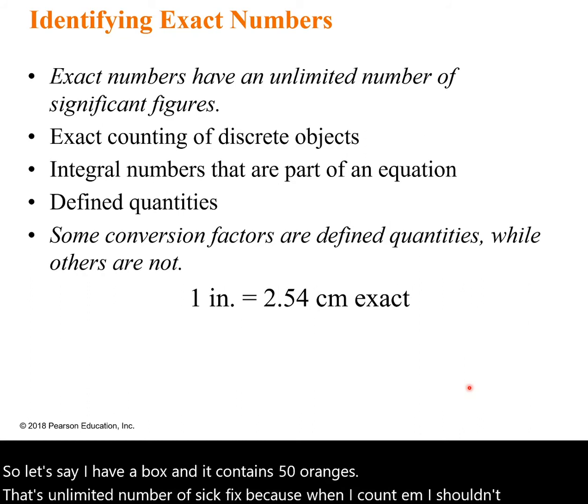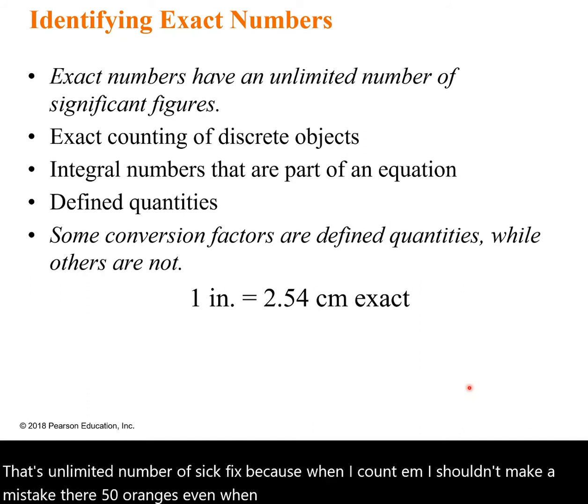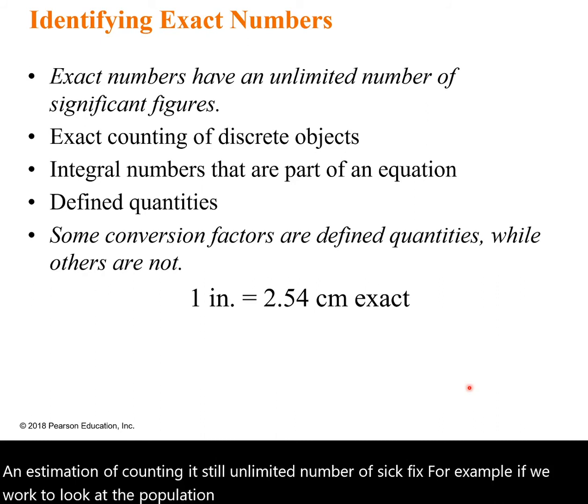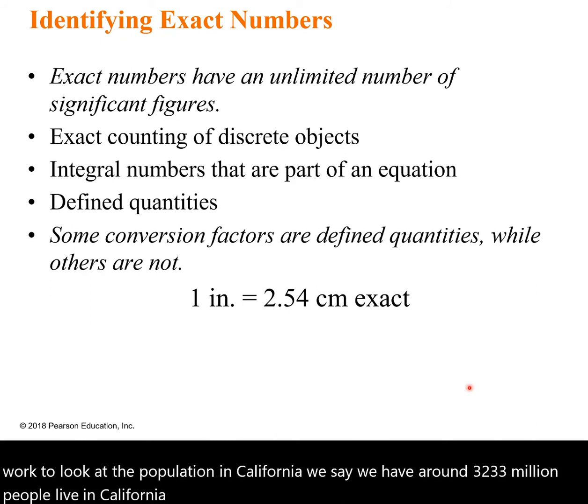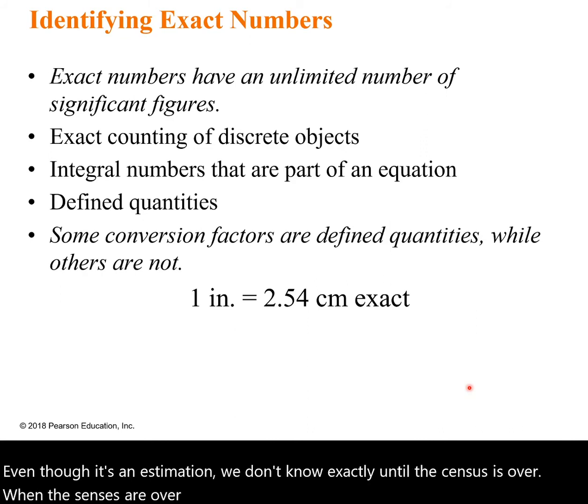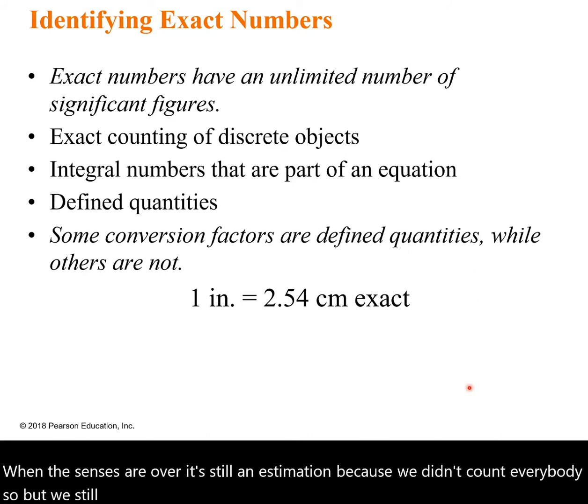Even when we estimate a count, such as the population of California, around 32, 33 million people, even though it's an estimation, we don't know exactly until the census is over. Even when the census is over, it's still an estimation because we didn't count everybody. But we still consider it to be an exact number.